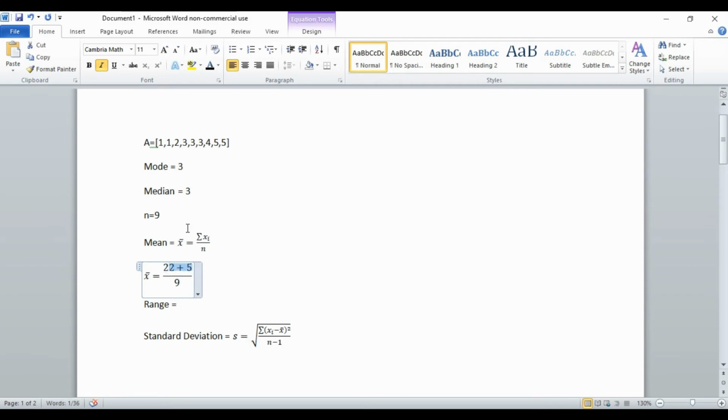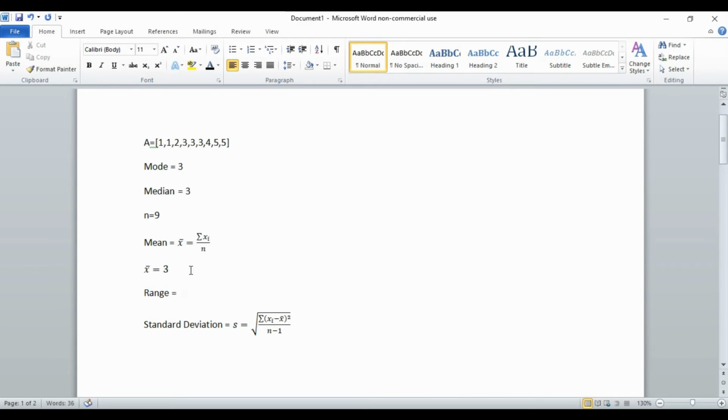And then 22 plus 5 is 27. And then finally, 27 divided by 9, that's going to be 3. So the mean in this case is 3. The range is just going to be the maximum, which is 5, minus the minimum, which is 1. And so the range is going to end up being 4.